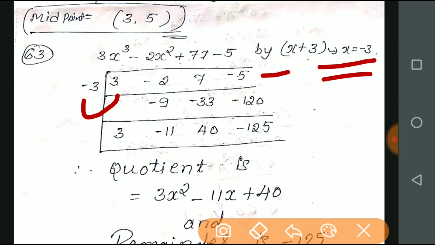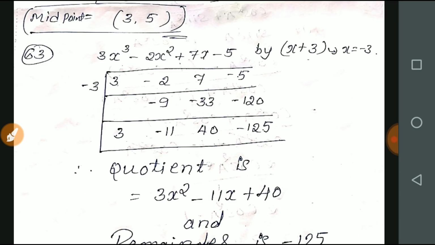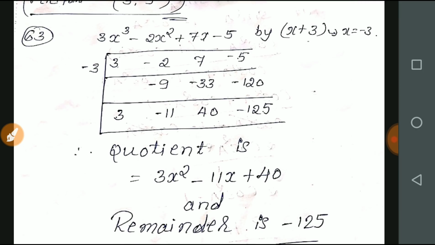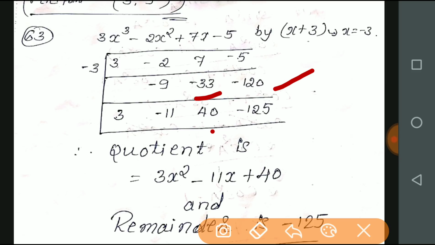Add these two, minus 2 minus 9, that is minus 11. Then multiply minus 11 by minus 3, that is 33. Add these two, we get 40. Multiply 40 by minus 3, that is minus 120. Add this, minus 125. Now by synthetic method, quotient is 3x square minus 11x plus 40, and the remainder is minus 125.